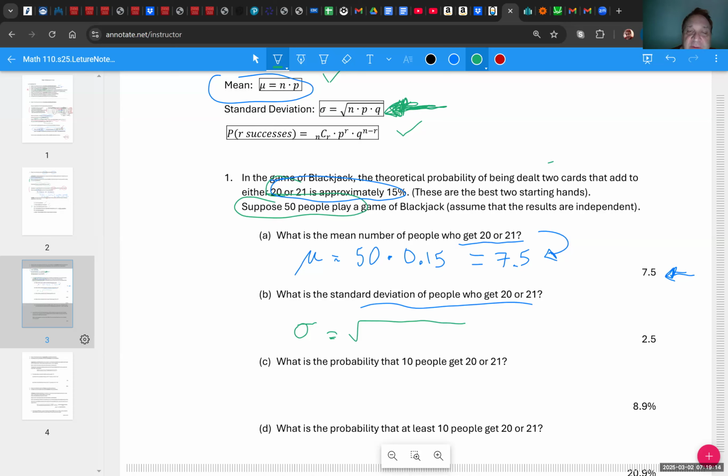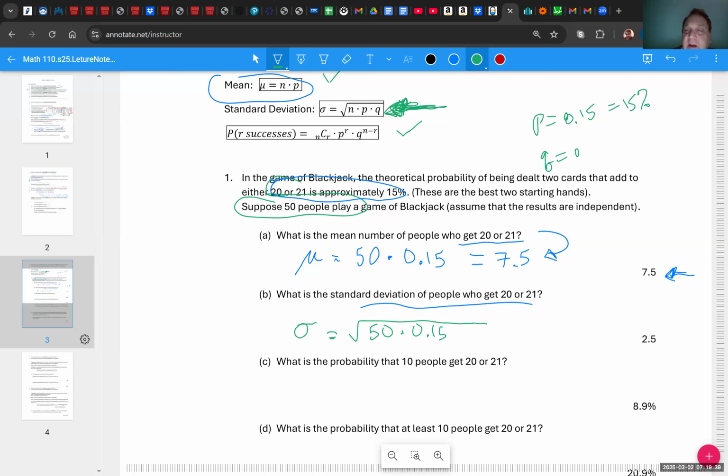So n is the number playing the game, 50. P is the symbol they use for the probability of a success. And Q is the symbol for the probability of a failure. If 15% is a success, and we know that the probabilities have to add to 100%, then the failure must be the 85%, right?